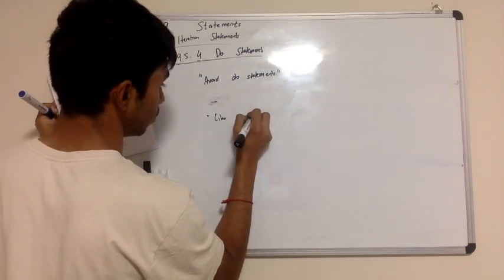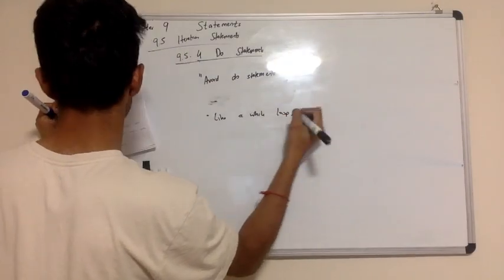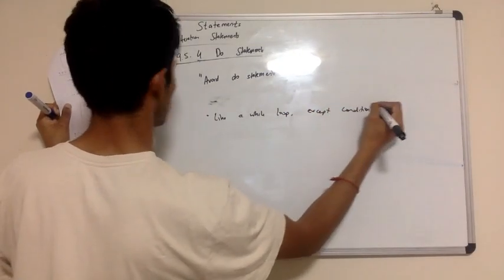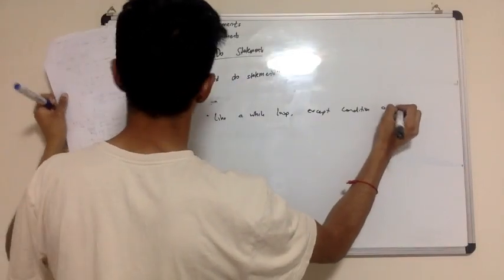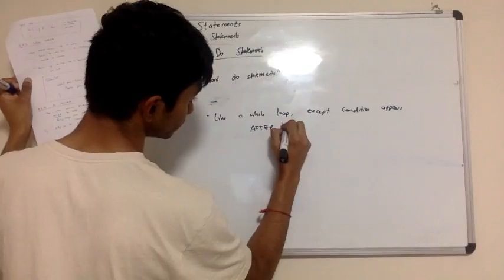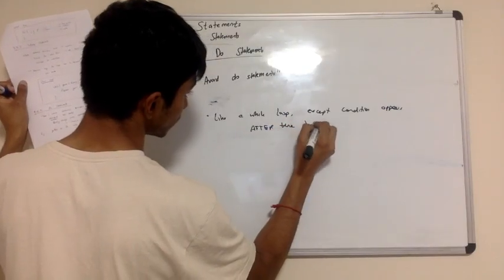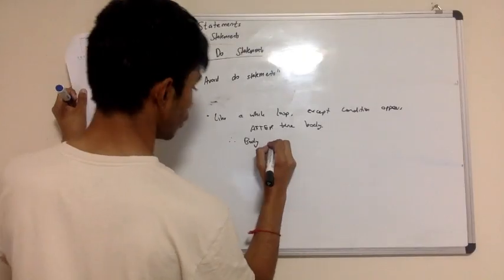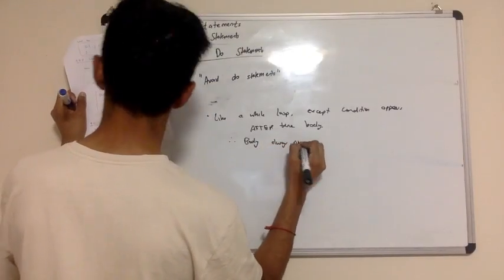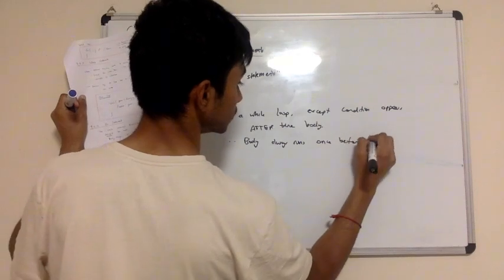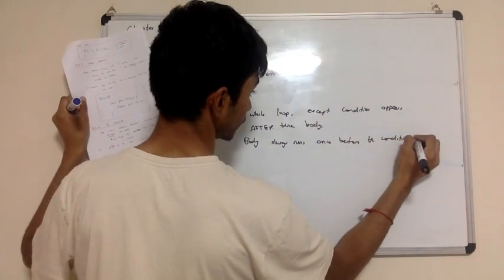Do statements are like a while statement, except the condition appears after the body, which means that the body always runs once before the condition is checked.